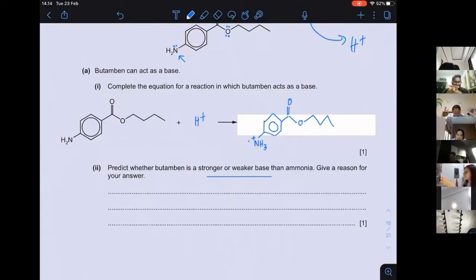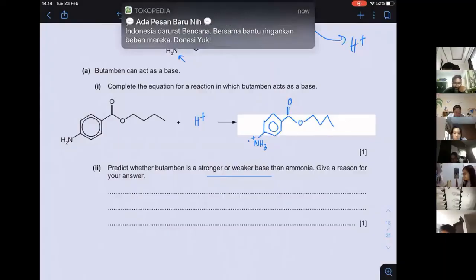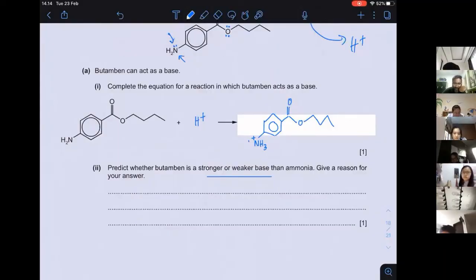It's correct, but it's not the nitrogen that is overlapping. Please take note: it is the lone pair of electrons that become delocalized into the ring, so the structure is stabilized by the benzene ring. Since the lone pair is entering the ring, it's not readily available.